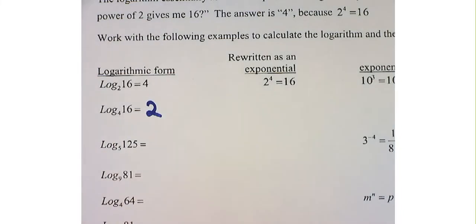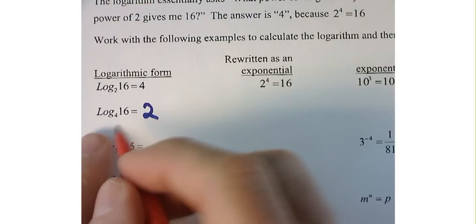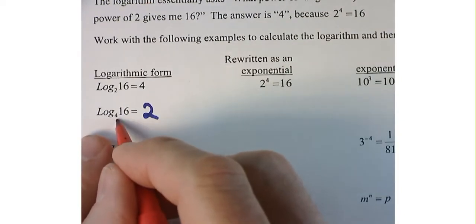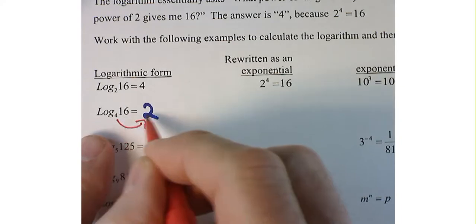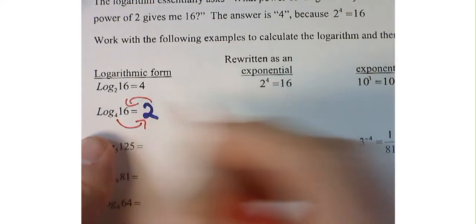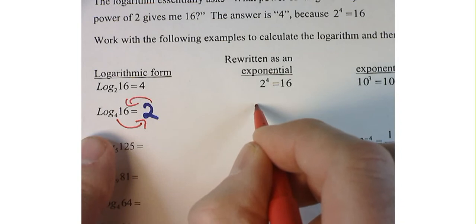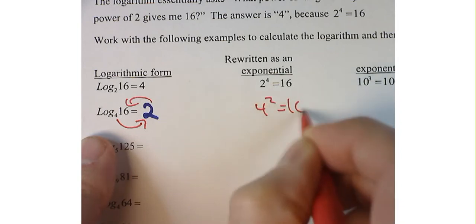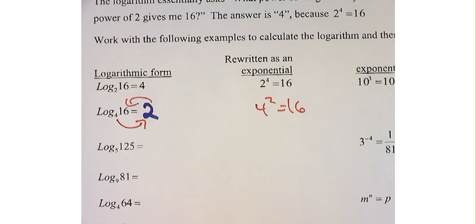Okay. Now I can rewrite that, I can write that equivalently using exponents. And the way it works is you take the base to this power, so the base to this power equals this. So it's going to be 4 to the 2 power equals 16. And like I said, the coincidence stuff here is just that. It's coincidence.